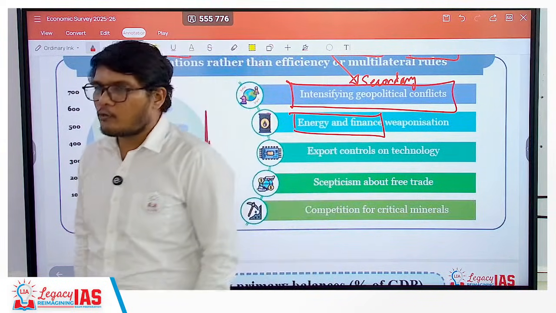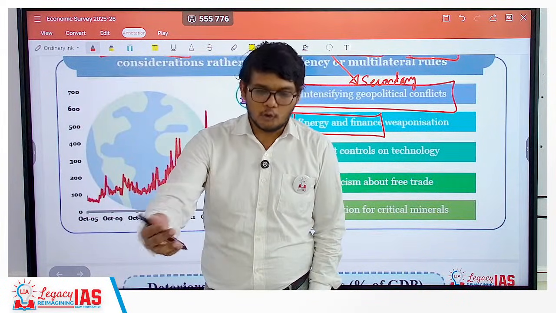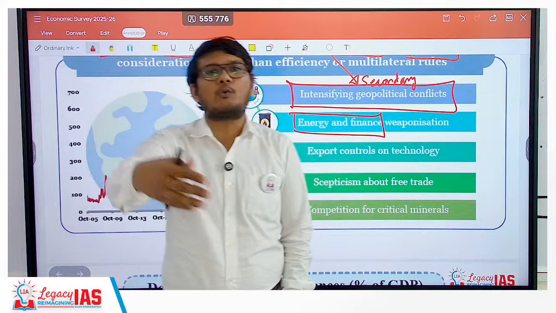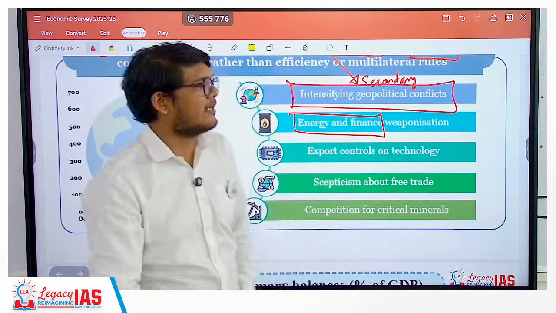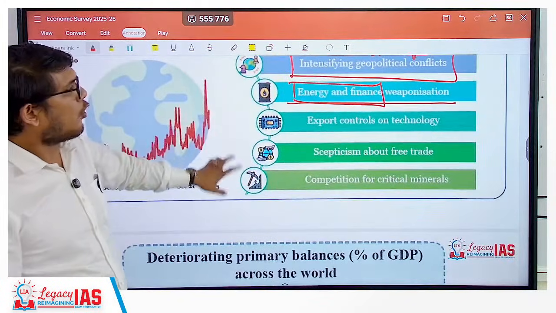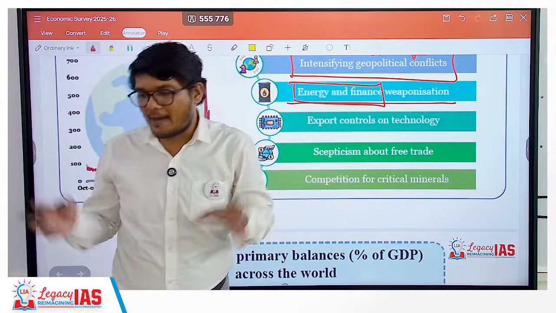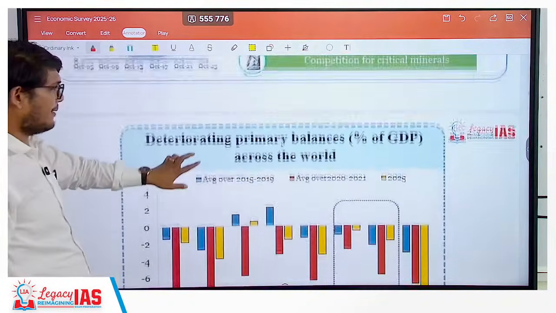See, crude oil is also a form of energy. If you have huge amount of crude oil reserves, you can deny giving it to other countries. So then you can use that energy as a weapon. That is known as weaponization of energy that is taking place. So all these things are happening in the world as we speak about the economic survey.